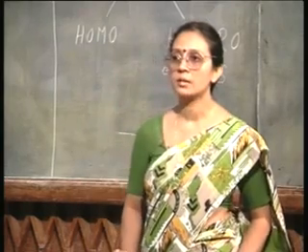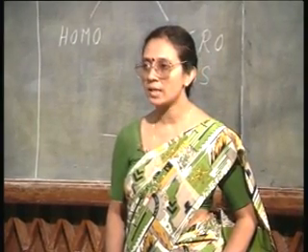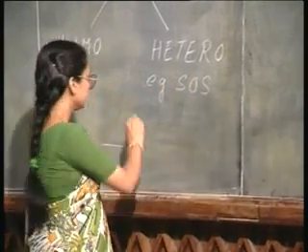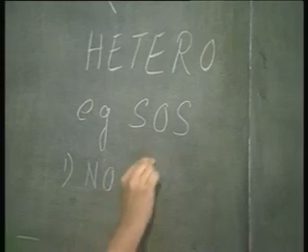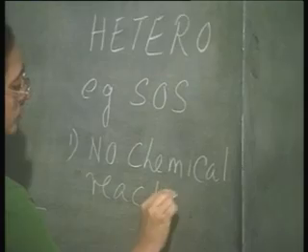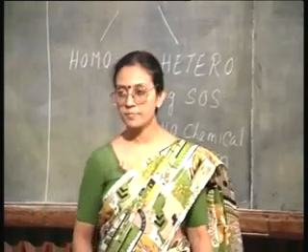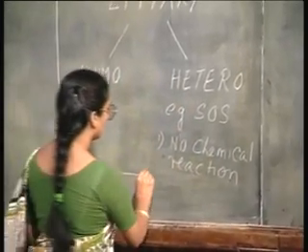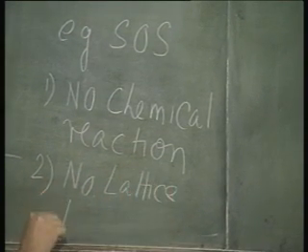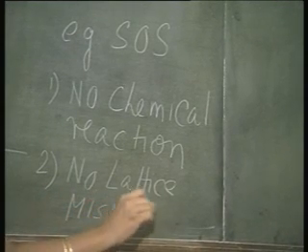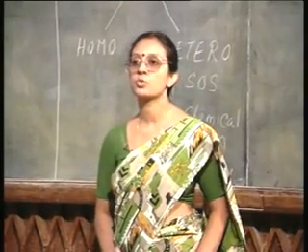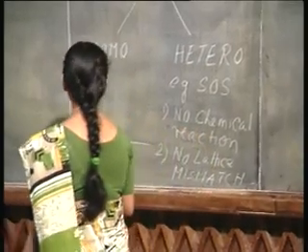The three cardinal rules observed during heteroepitaxy are: first, there should be no chemical reaction between the substrate and the epitaxial layer; then there should be no lattice mismatch; and finally, the coefficients of thermal expansion should match, that is, there should be no thermal mismatch either.